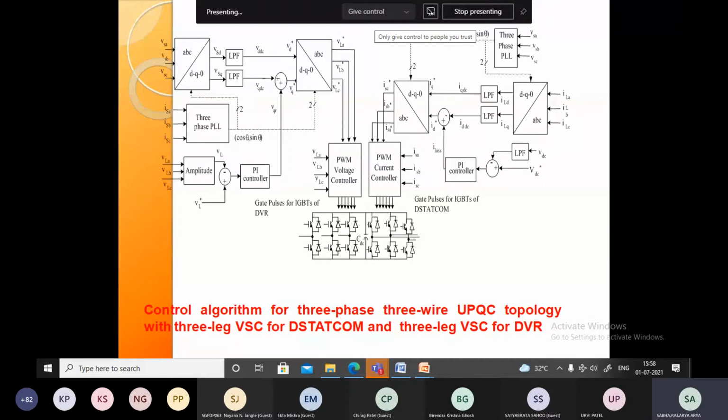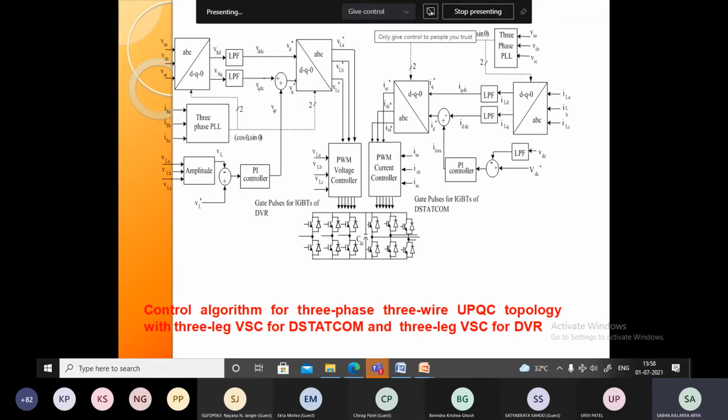Here, what we can see: the supply voltage we have converted from ABC to DQ. After conversion, you have an LPF. After passing through the LPF, the D component goes directly to the DQ to ABC conversion. In the Q component, you add the output of the PI controller.